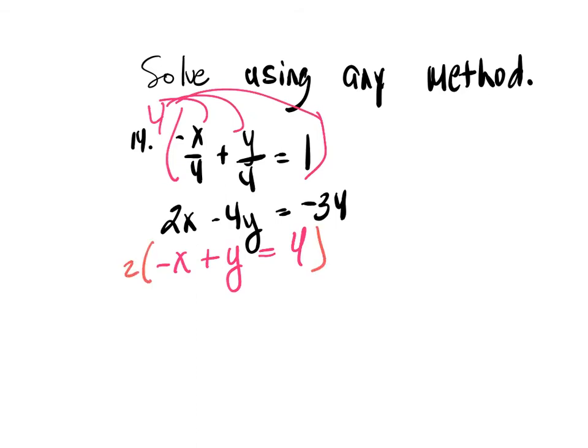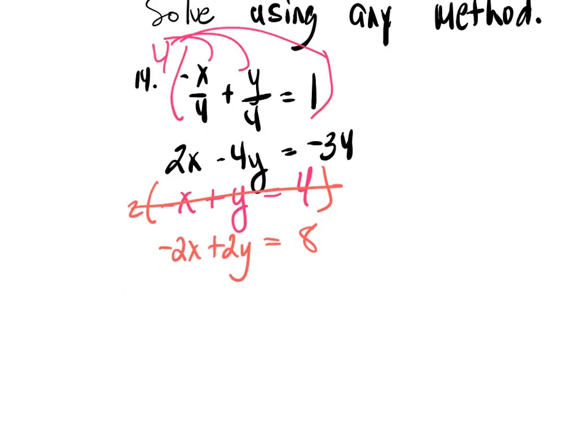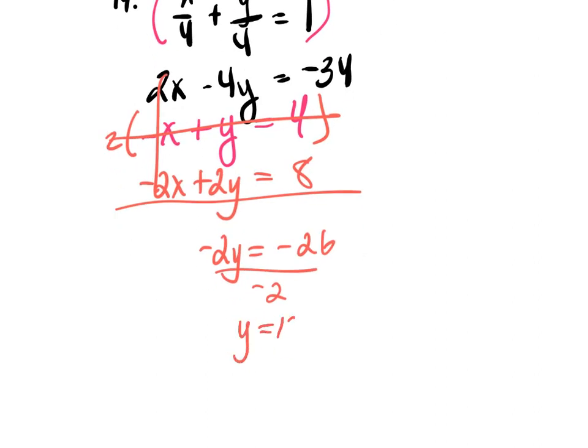So now, if we're going to eliminate, I'm going to eliminate the x's. So I have negative 2x plus 2y equals 8. And if I add down, I have negative 4y, so it gives you negative 2y equals negative 26. Divide by negative 2, and y equals 13.